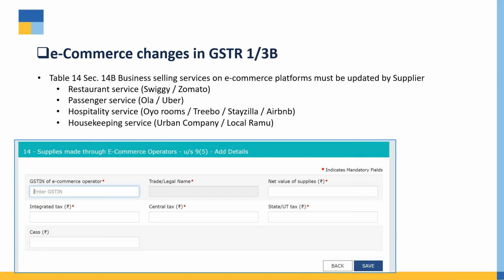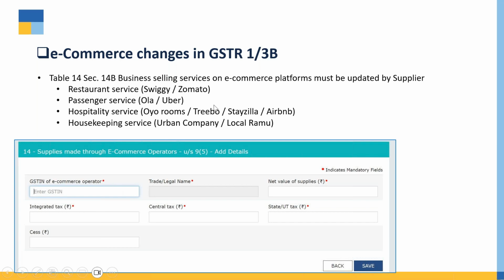So to give a summary for this today, as it is not a GST transaction done by the supplier, it is suggested they log into the Swiggy, Zomato e-commerce platform and fetch these table values here. This is supplies made through e-commerce operators.